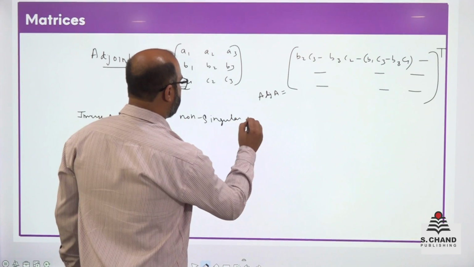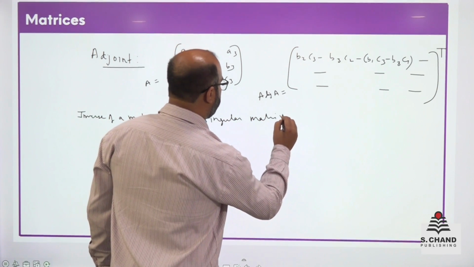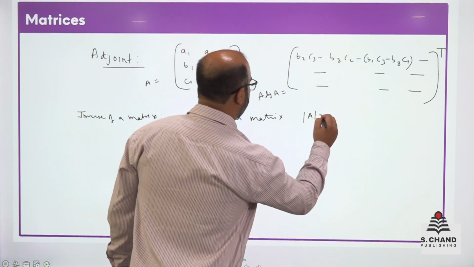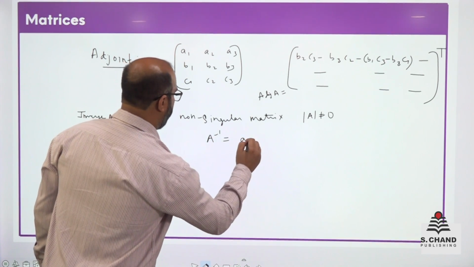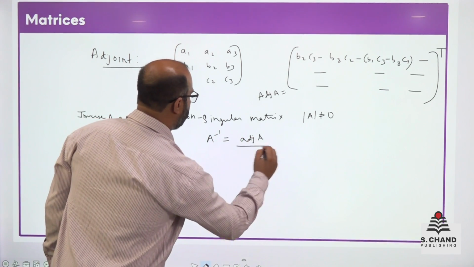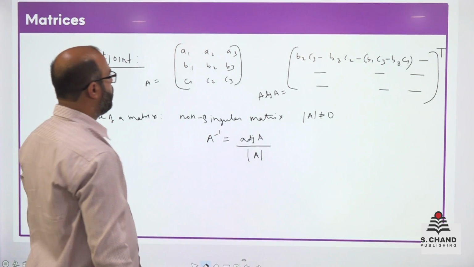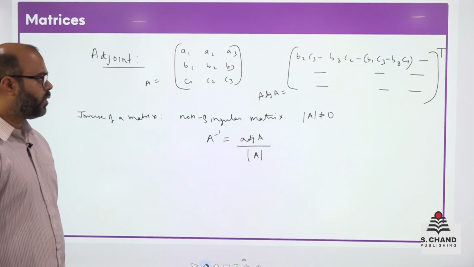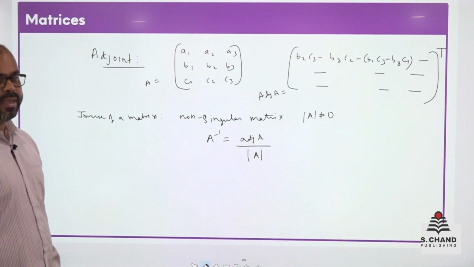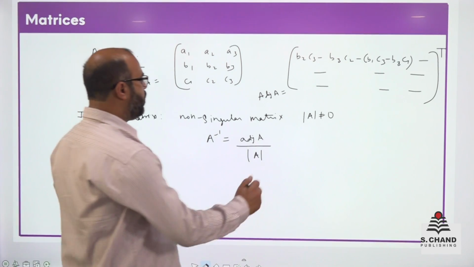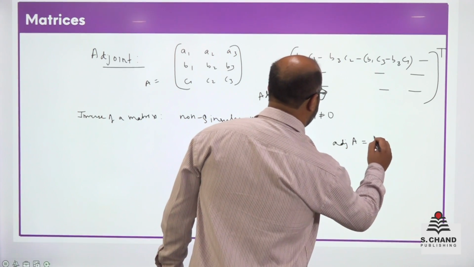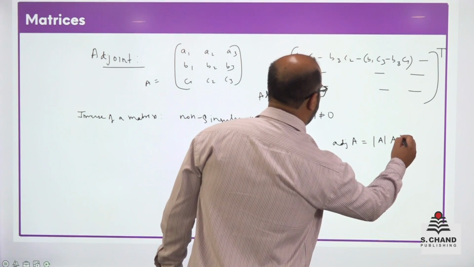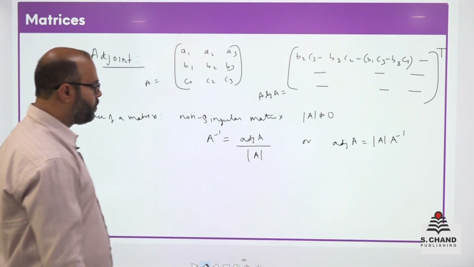A non-singular matrix is a matrix whose determinant is not equal to 0. So in that case, A inverse is adjoint of A by determinant of A. Or you can also say that adjoint of A is determinant of A into A inverse.